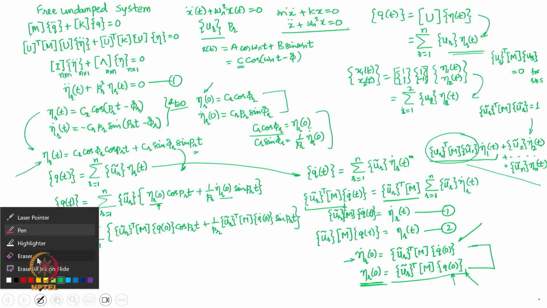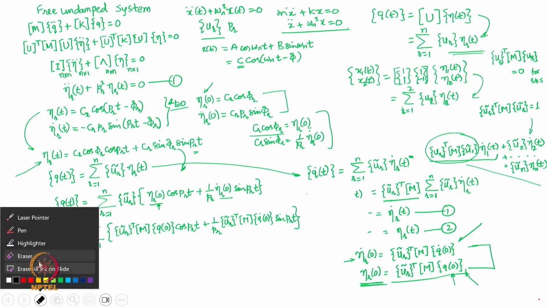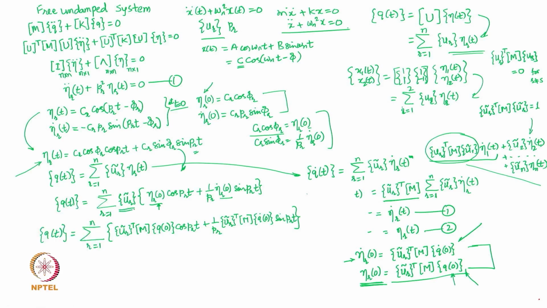And of course we should not forget the first term that we have here, which you can keep here, and you can show that this works out well. What we wanted was the free vibration response to initial conditions for this governing equation of motion of the system, which now has been obtained in terms of what?